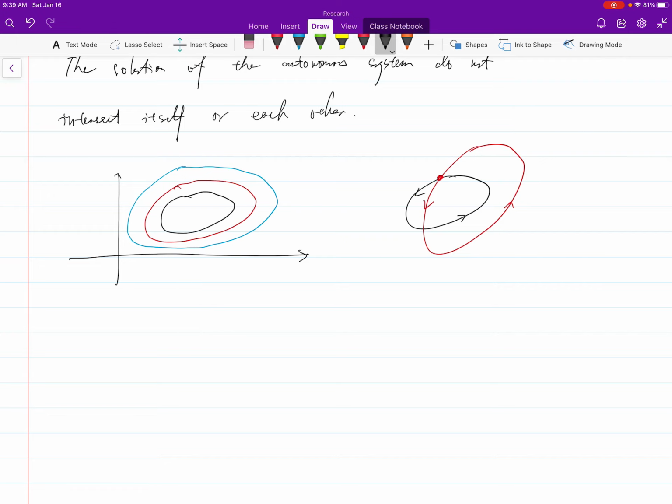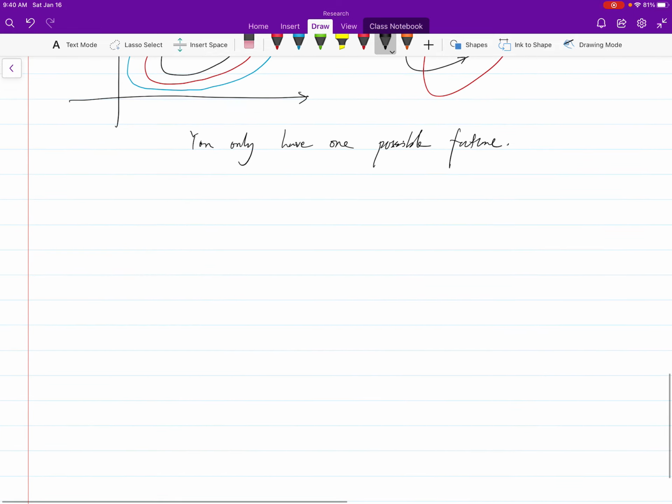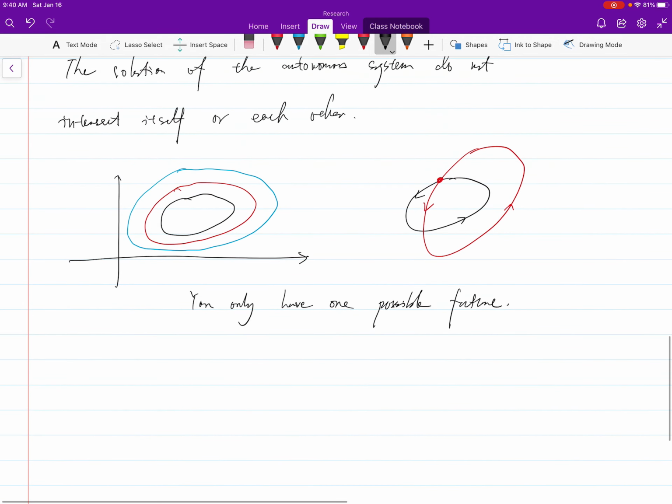Then your future is not uniquely determined. So you only have one possible future, to guarantee the reproducibility of your solution. Okay, that's the first implication.